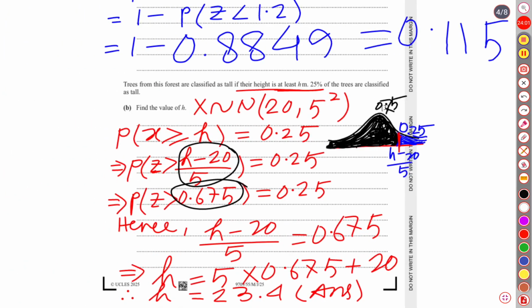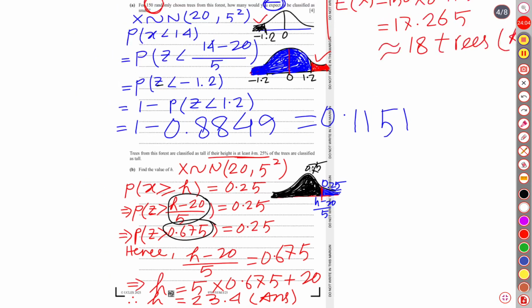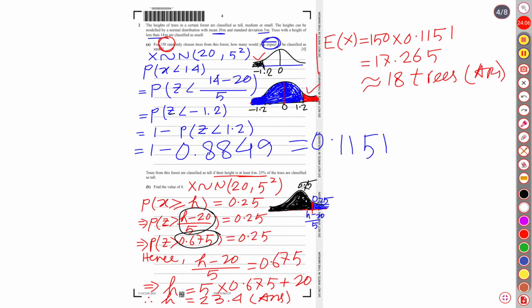I think you have understood this. And from the solution number 2, you have learnt that for any probability which is less than 0.5, we will find for the alternate one. Always the probability given in the normal distribution table is more than 0.5.